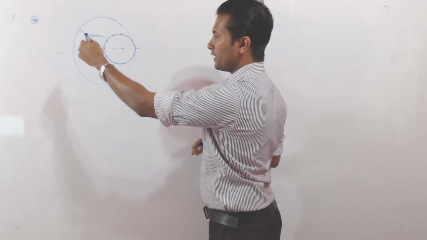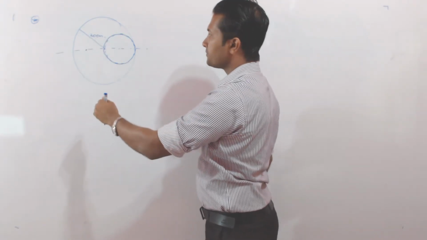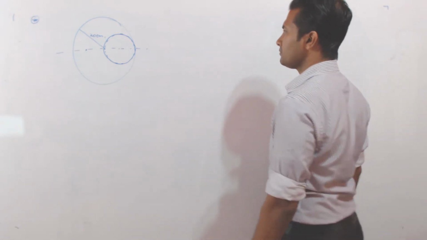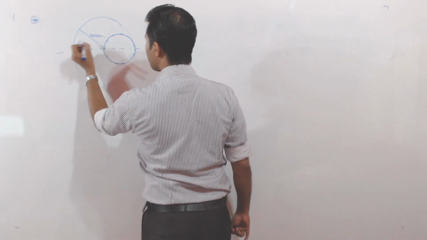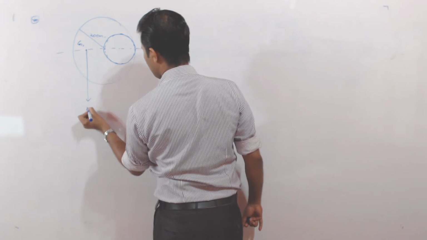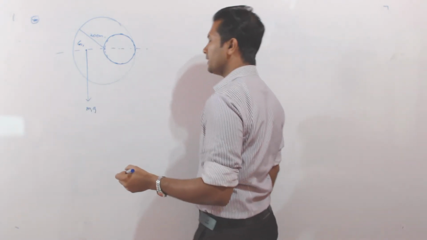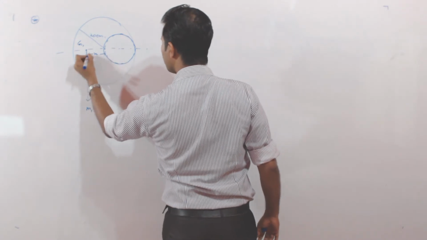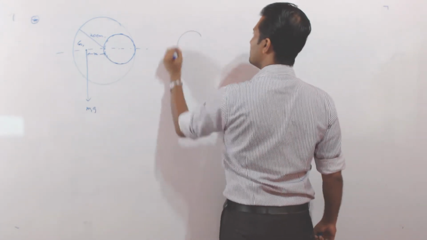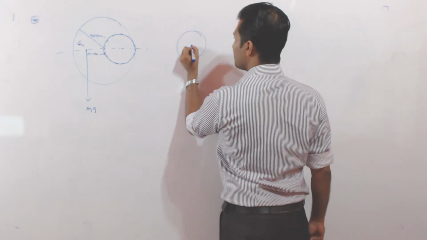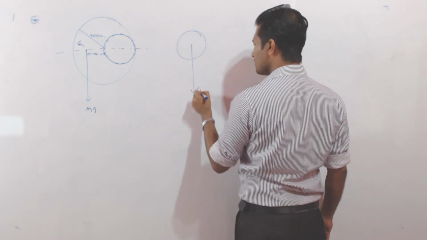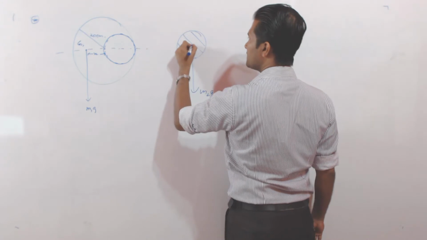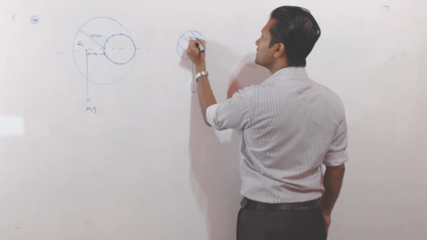So the center of gravity should be away from the light region. You can take that point as G1, that weight is m1g, and this distance is what we are looking for. Then the removed one can be considered. It is like m2g, the radius is 10 centimeters.